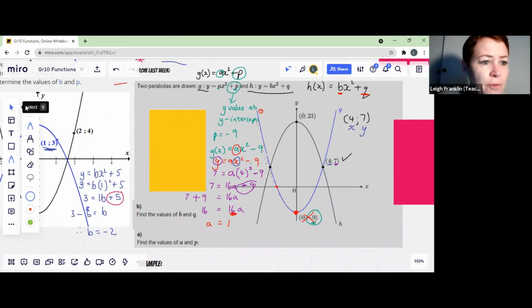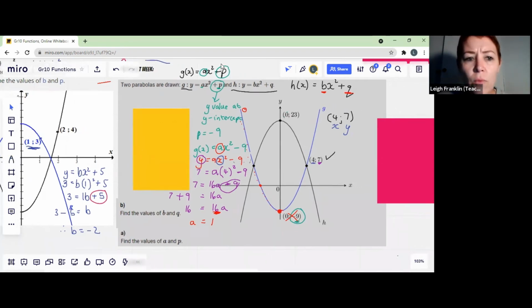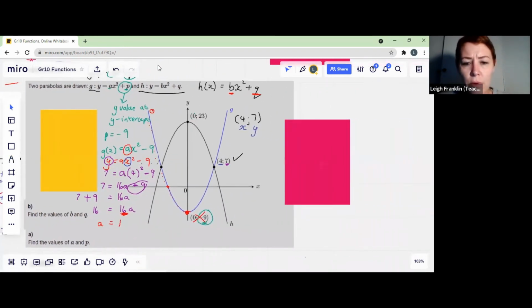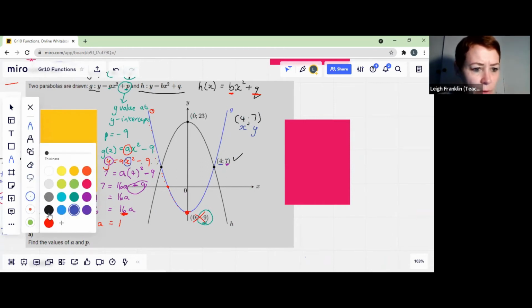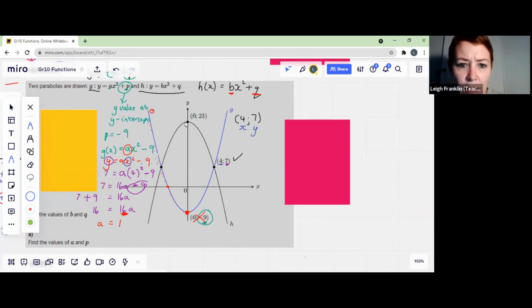Okay, so now everybody else, we are working on the black graph. Everybody should be able to see the black graph. That's this one over here, h of x, the black one.